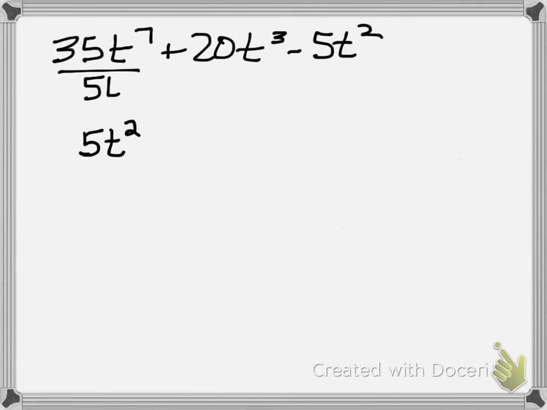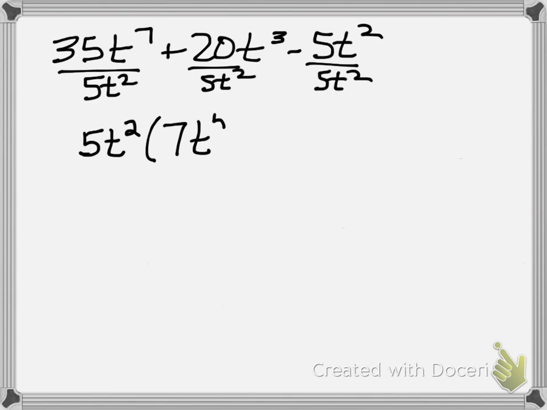So with 5t to the 2nd, you're dividing, whether you write it or just do it in your head, to find out what's inside your parentheses. 35 divided by 5 is 7. Subtract those exponents. 20 divided by 5 is 4. Subtract those exponents.